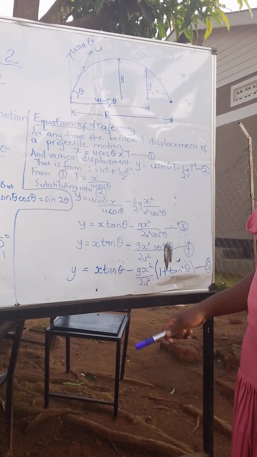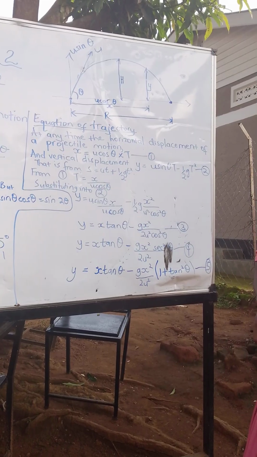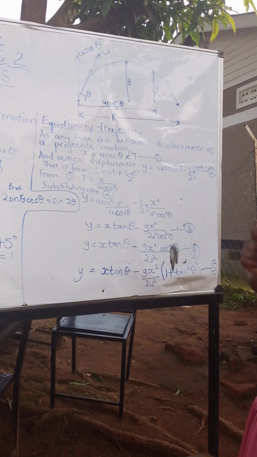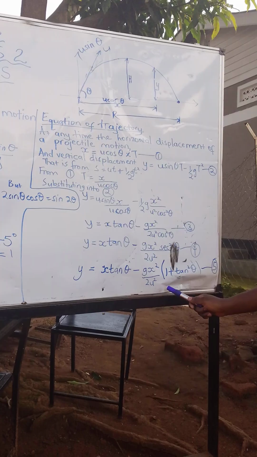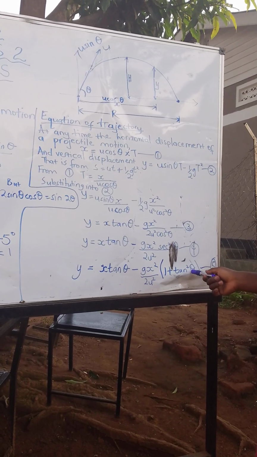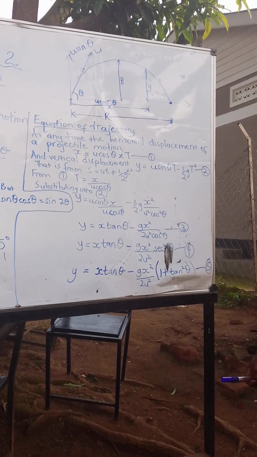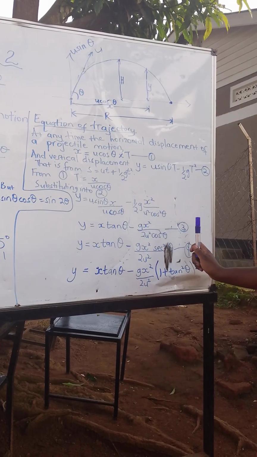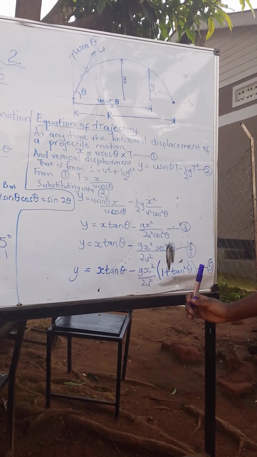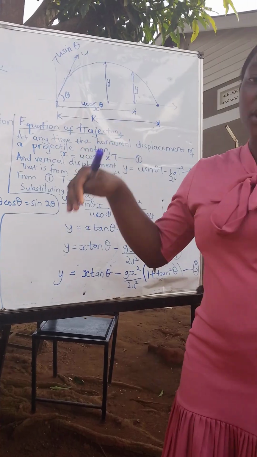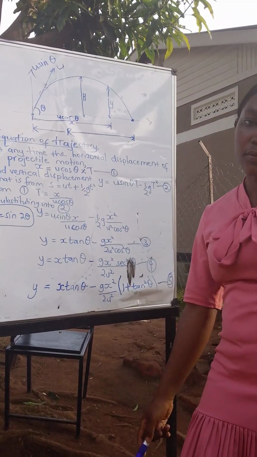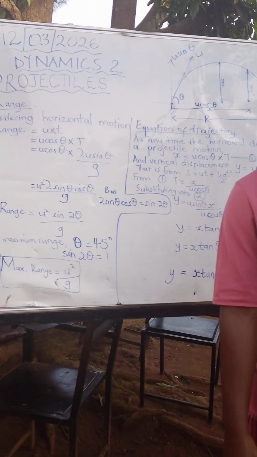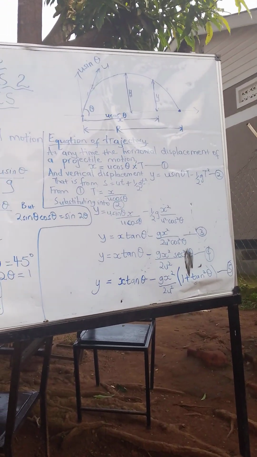But we know from the trigonometric identities that sec squared theta is equivalent to 1 plus tan squared theta. So we get that final equation. Equations 3, 4 and 5 are the equations of the trajectory, so you can use any of the three, provided you know any of them. So let's continue.